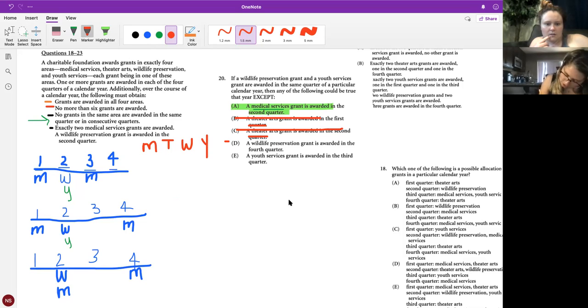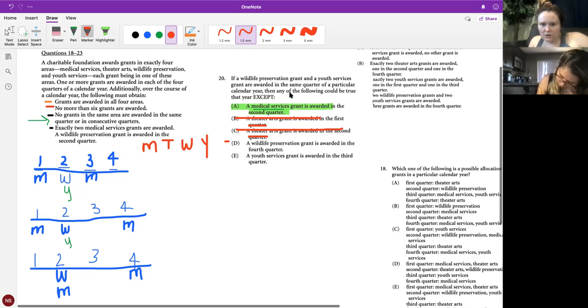Hold on. Wait. If wildlife and youth are awarded in the same quarter, like if we had it in 2, then Y can't go in the first or the third because that would be consecutive. So I don't see where medical can go in.